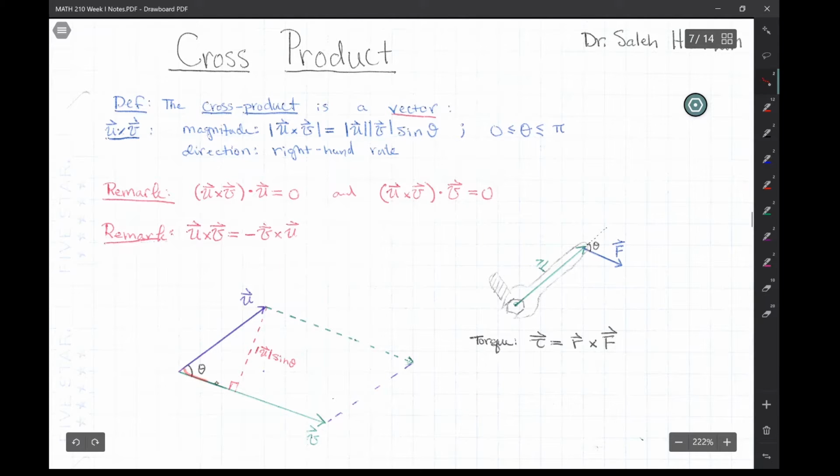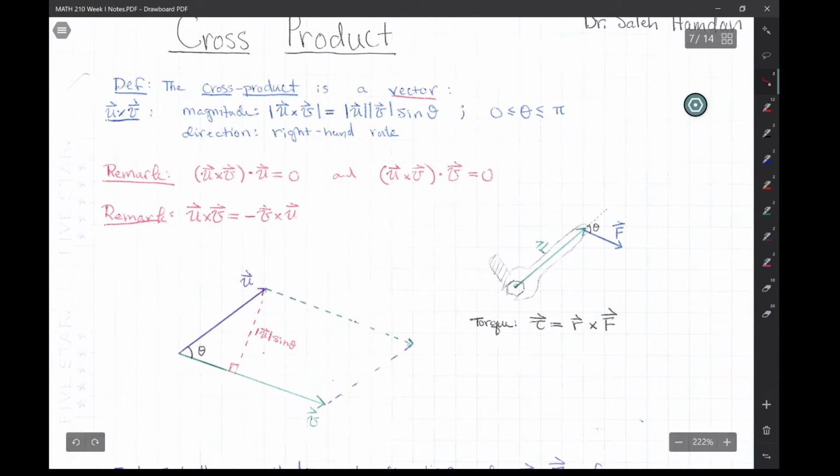And if we also create a side with the vector v on the top of u, and also move u down here to create our parallelogram, well, it's going to have a height of u sine theta there. And so this term is actually the area of the parallelogram that u and v would make.